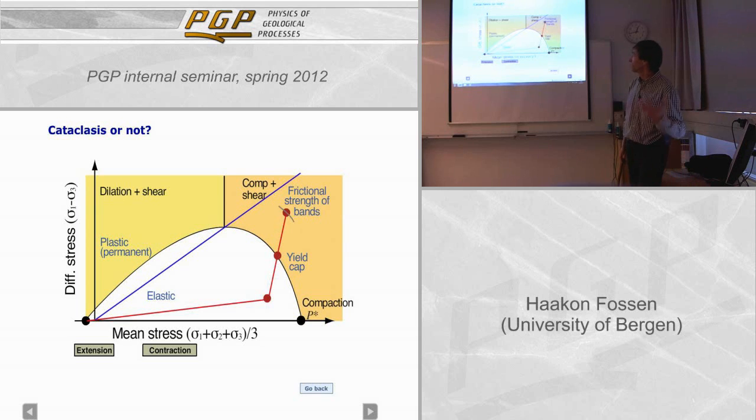And then this may grow like that. I'm not going to dwell on that, but we do find compaction bands. So far, we've only found them in regions of contractional deformation.